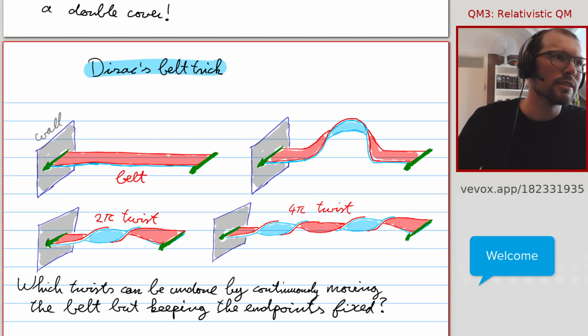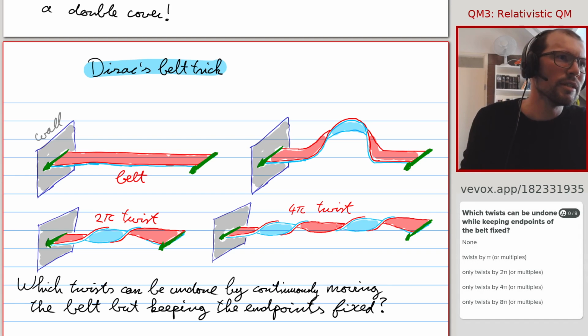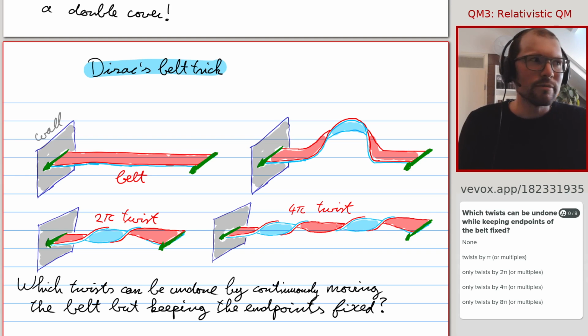Let's see, here we go. So which twists can be undone? None. Twists by angle pi, only 2 pi, or only 4 pi, or only 8 pi, and multiples of them.